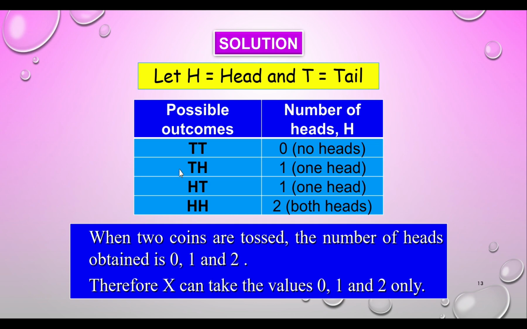When we toss two coins simultaneously, the possible outcomes are HH, HT, TH and TT. Therefore, the total number of outcomes is 4. So, when two coins are tossed, the number of heads obtained is 0, 1, and 2. Therefore, X can take the values 0, 1, and 2 only.